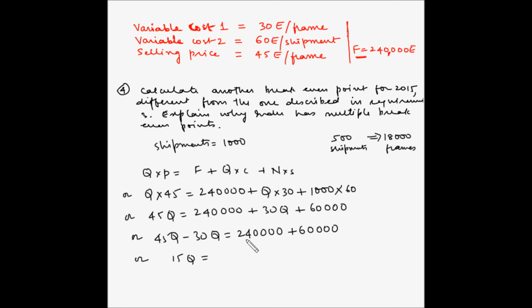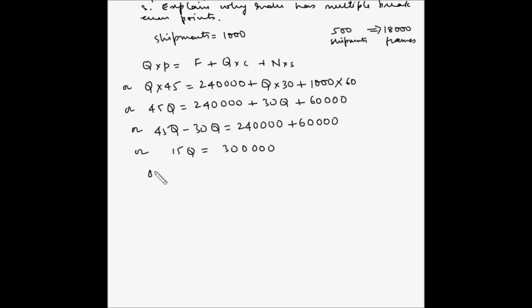Q is equal to 240,000 plus 60,000 is 300,000, or Q is equal to 300,000 divided by 15. 15 2s are 30, and then the 4 zeros. So Q is equal to 20,000 frames.